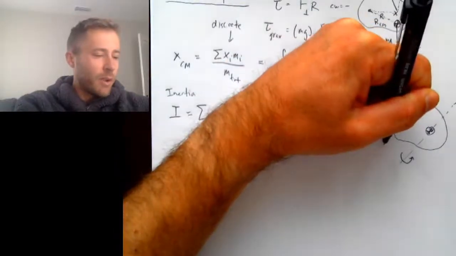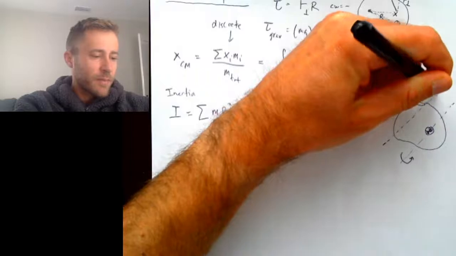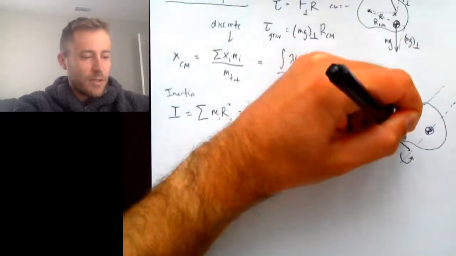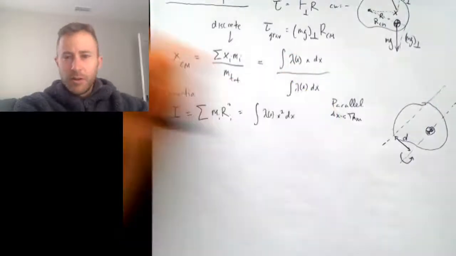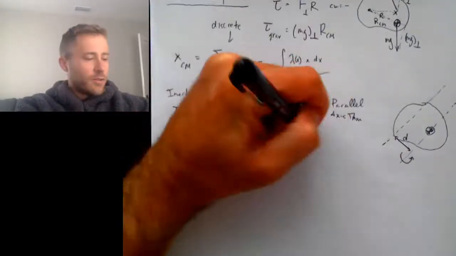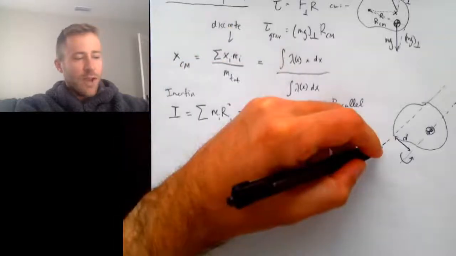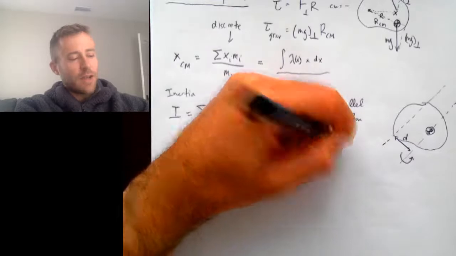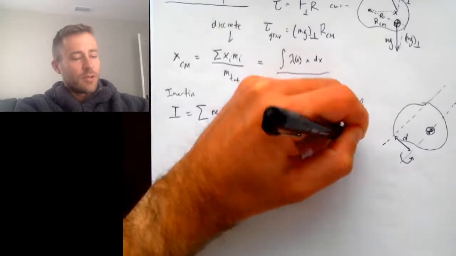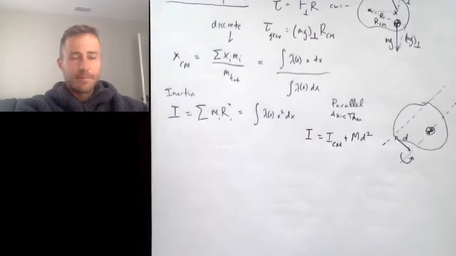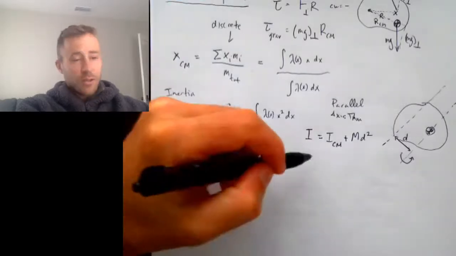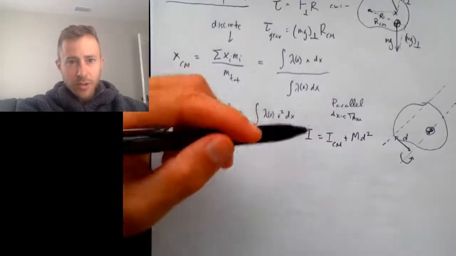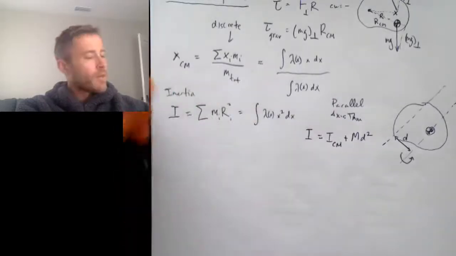If you have a parallel axis that is offset by an amount d, then what the parallel axis theorem says is that the inertia about this axis is equal to the inertia about the center of mass axis plus md squared. That is going to show up several times on the final, so make sure you understand the parallel axis theorem.